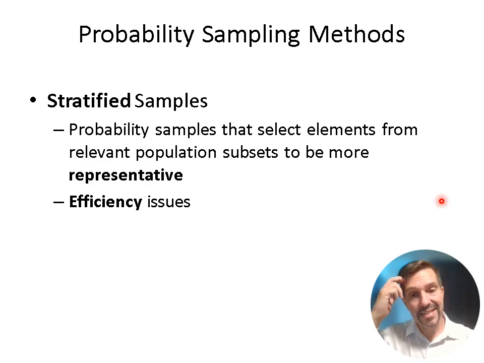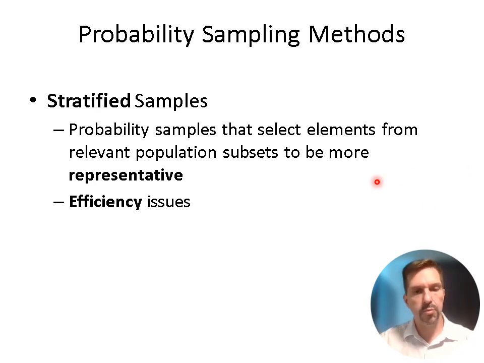Stratified sampling, it's a technique that tries to, as much as possible, improve efficiency over simple random sampling. The way it does this is by a priori, before you sample, partitioning the population into groups called strata. So a strata is just some characteristic that enables you to partition the population into subgroups.